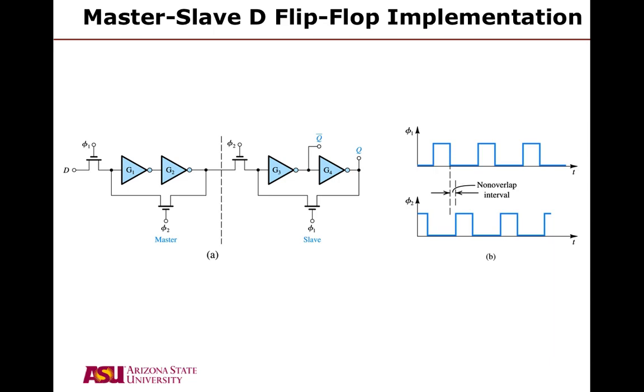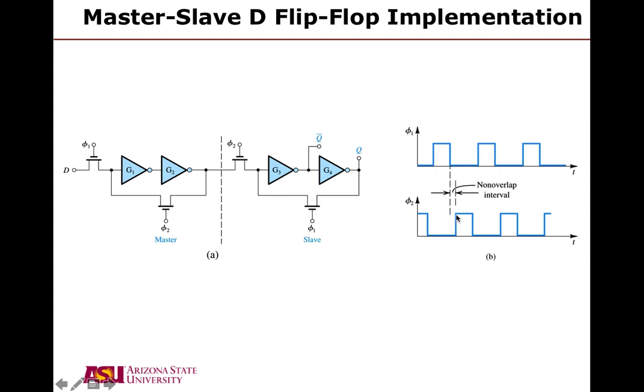And what non-overlapping clocks ensures, if you look here at the conceptual diagram, phase 1 actually goes low before phase 2 rises. So they're not just inverted forms of one another. The reason for this is that we want to ensure that certain switches will open before other switches close.